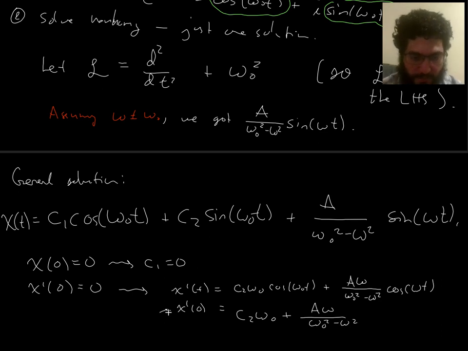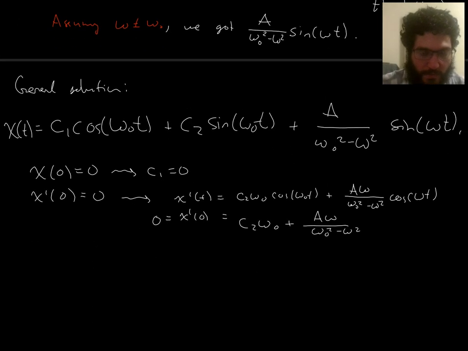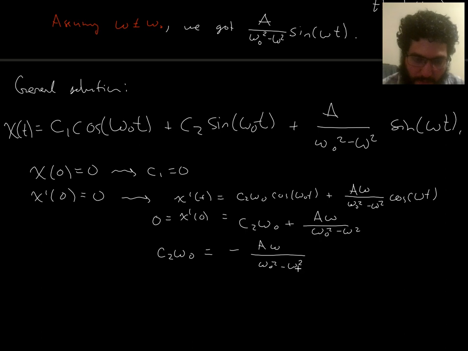And I'm setting this equal to 0. That tells me C2 omega naught equals negative A omega over this. Then let me divide both sides by omega naught and write this fraction out there.